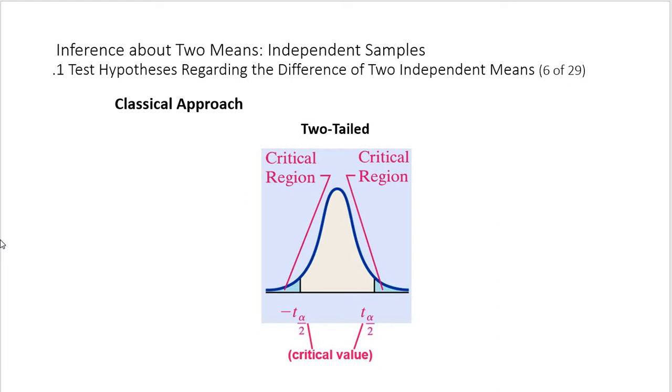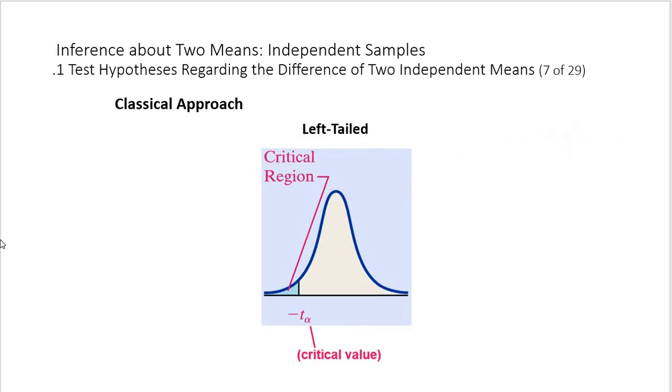To find the t-critical for two tails, there is a function on Excel that is called T.INV.2T of alpha, that will ensure that we compute the two critical values for a two-tail test. So this is how we're going to compute the critical value if we have a two-tail test.